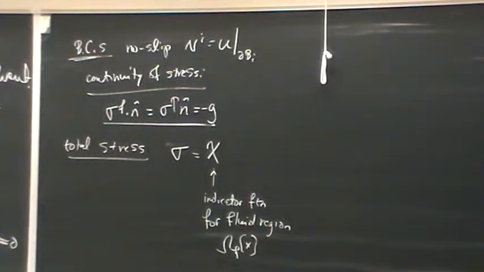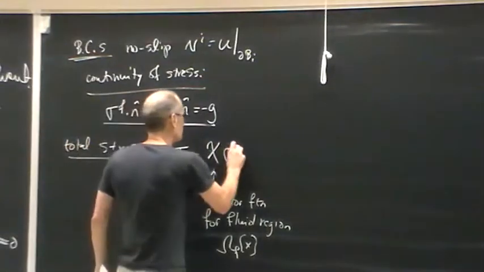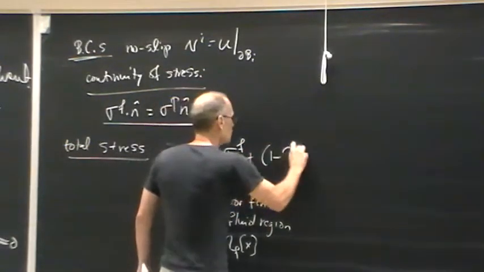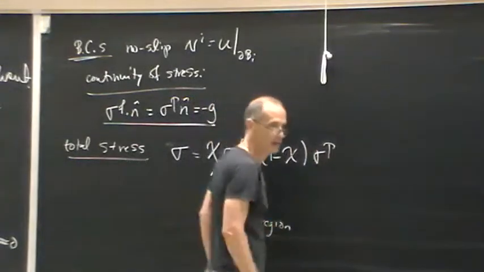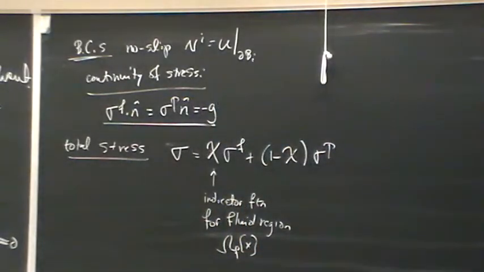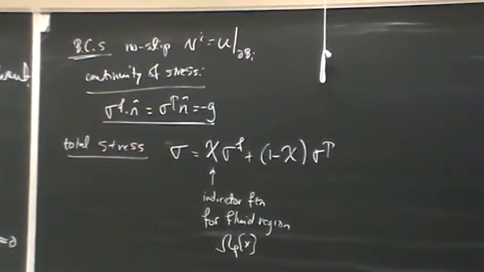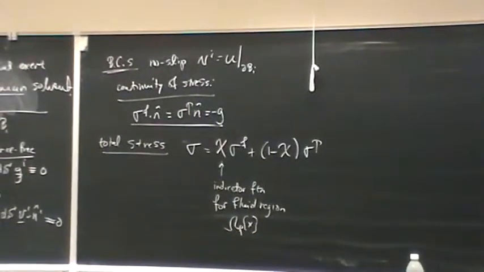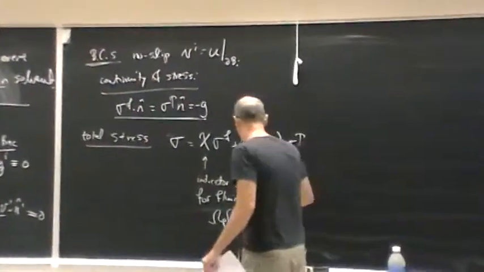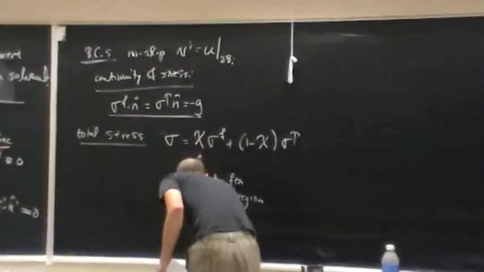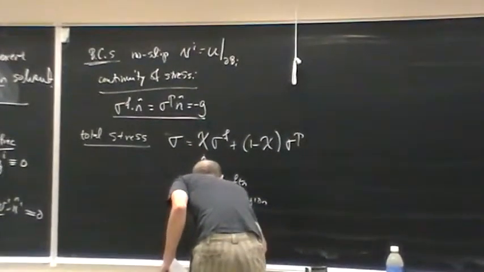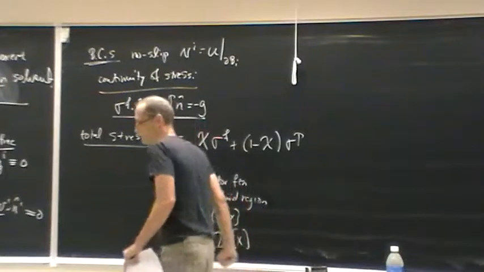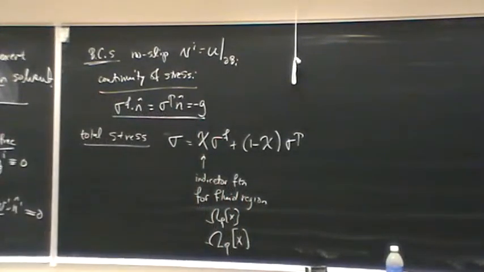It's the part that's taken up by the fluid, external to the particles. So I have chi sigma F plus 1 minus chi sigma P. So if I'm inside of the particle, then chi is 0. Okay, and then I just end up having the particle stress. So it's just a jump function. That's sigma F, and then I'm also going to have a sigma P for the particle domain.